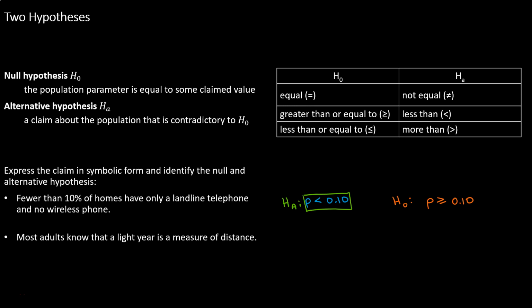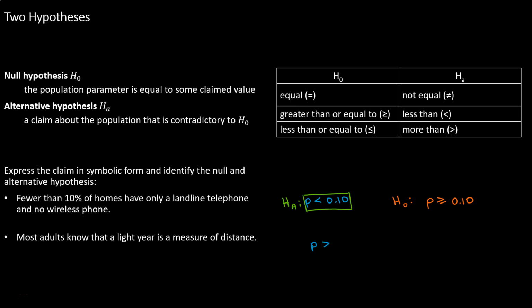Let's take a look at the next one. Most adults know that a light year is a measure of distance. Now in this statement, we're making a claim again about a portion of the population. In this case, the population is all adults, and the claim is that most of them know that a light year is a measure of distance. Most could be a lot of different numbers, but it absolutely has to be more than half, not equal to half.